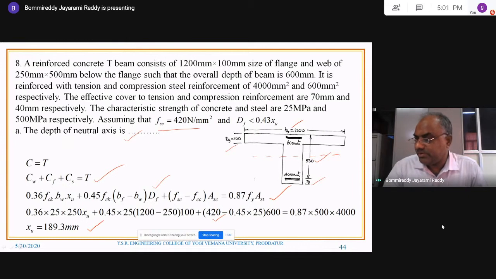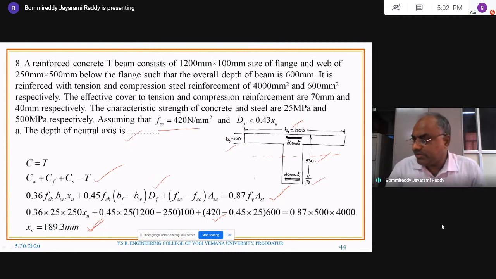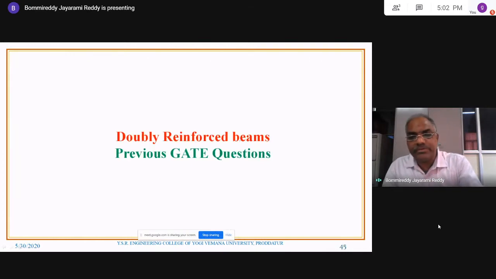So according to the problem, equate the total compressive resistance of the concrete to the tensile resistance of steel, and you will get XU, the depth of the neutral axis. And that's all. In case of doubly reinforced sections, the moment carrying capacity is a little bit tough, and if required you can also calculate it, otherwise not required for study purposes.